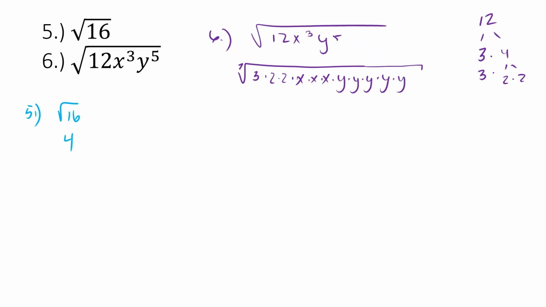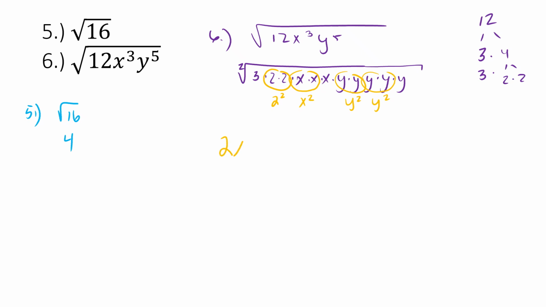And this is a square root, so the implied index is 2. And so we're going to be looking for things that are squared. So there we have 2 squared, I have an x squared, and then I have a couple of y squareds out here.